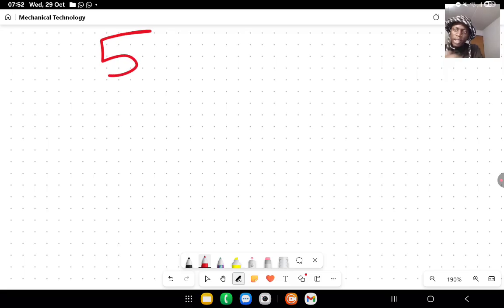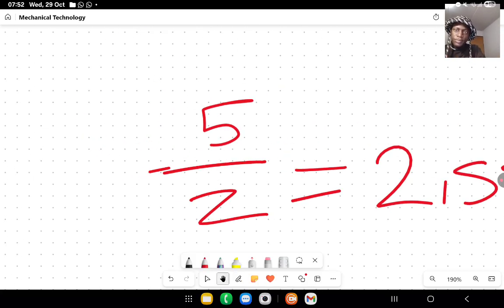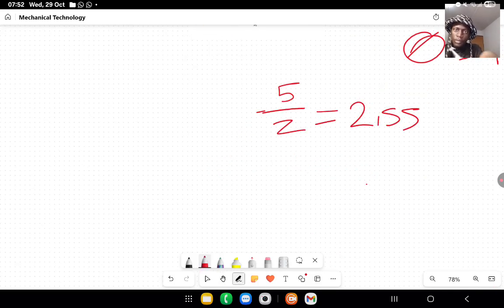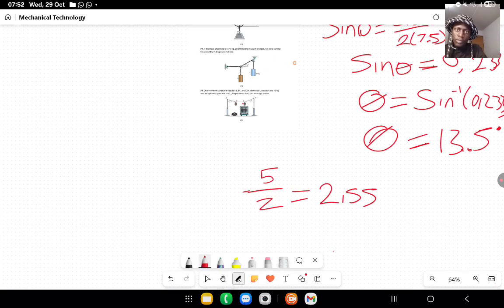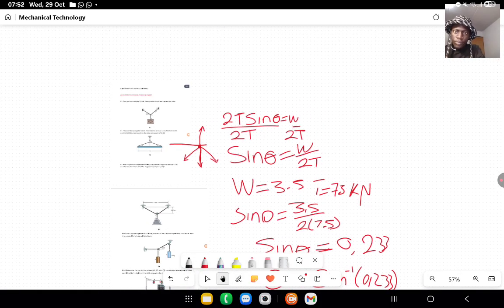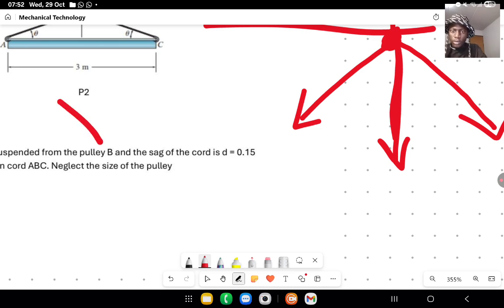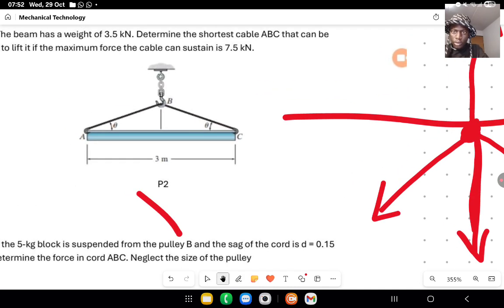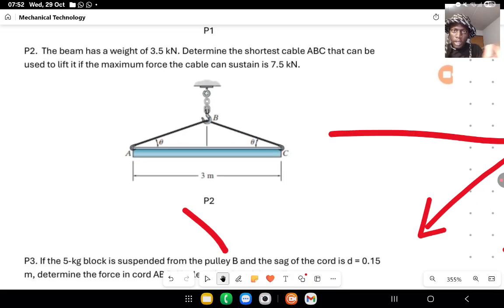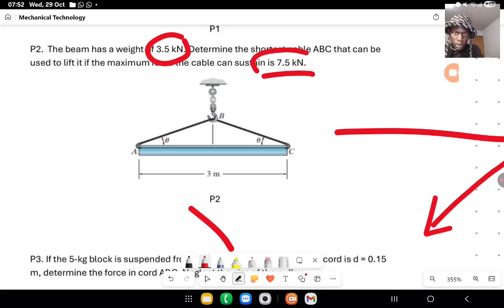That is 5, therefore we divide it by 2, which gives us 2.5. Our 3.5 and 7.5 we use here, and 3.5 here we're using this.